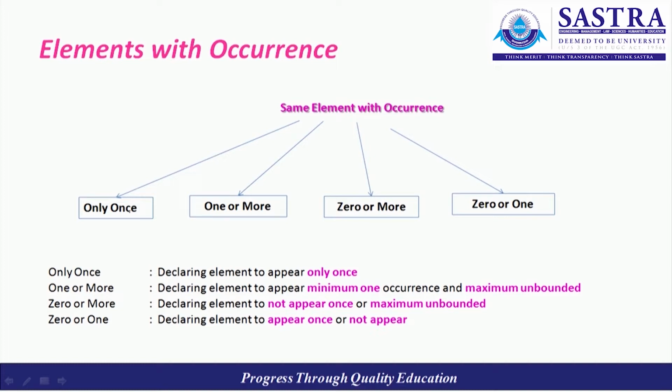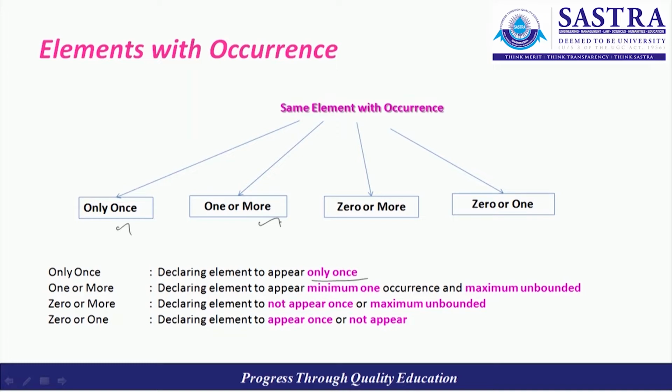It may appear exactly only once, which means the element is a single child and it should be written exactly only once. Sometimes the same element may appear one or more number of times.